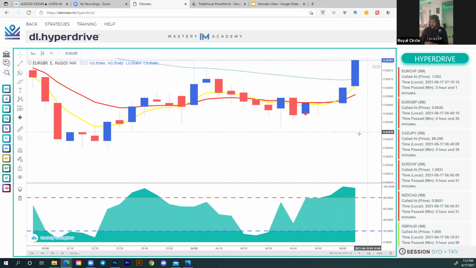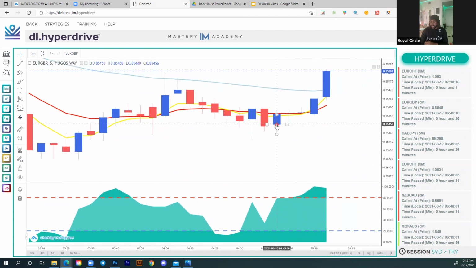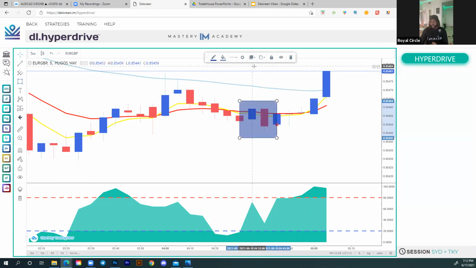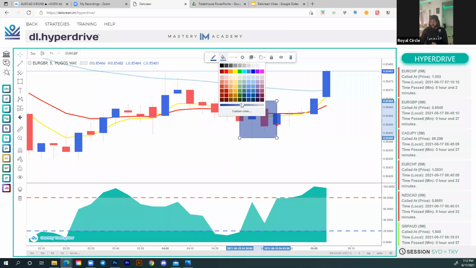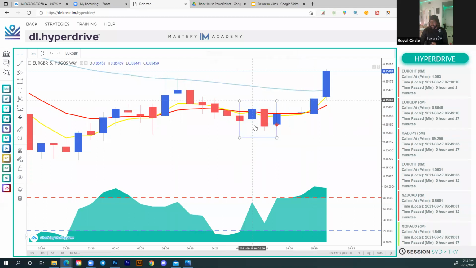When you see this called out and you see this arrow here, you're looking at the 2 candles previous to the arrow, to the left of the arrow. That means you are looking at these 2 candles right here.